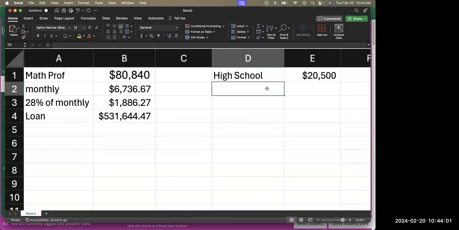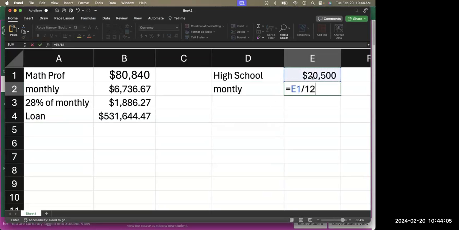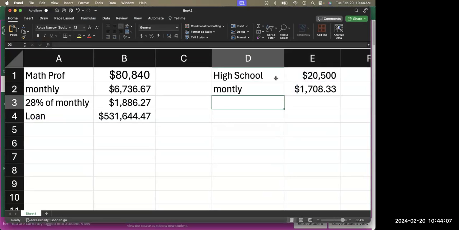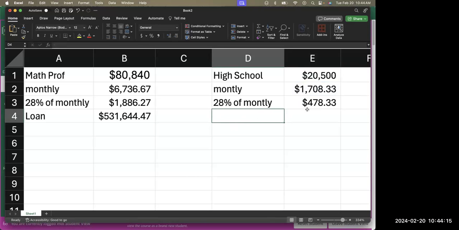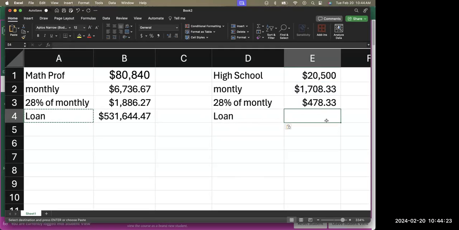So anyway, monthly equals this divided by 12, and then 28% of monthly is this times 0.28. So that's how much they can put into their mortgage using these boundaries.